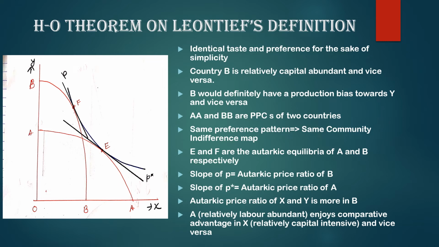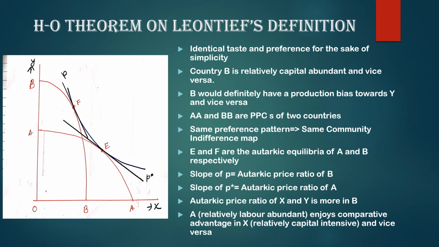You see, here we draw the production possibilities curve of two countries. So automatically, if a country is relatively labor abundant, it will have some production bias in favor of the relatively labor intensive good, and similarly a relatively capital abundant country will always have production bias towards the relatively capital intensive good.